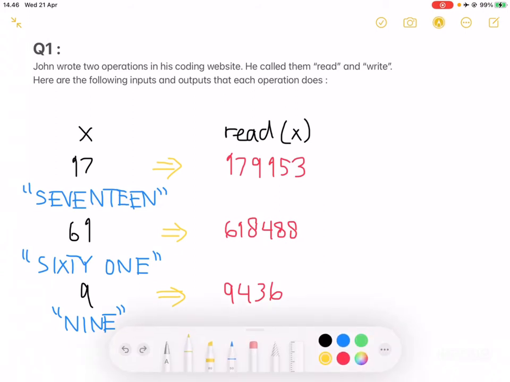First observation for the read operation is that the inputs of these numbers correspond to the very first digits of the output number.